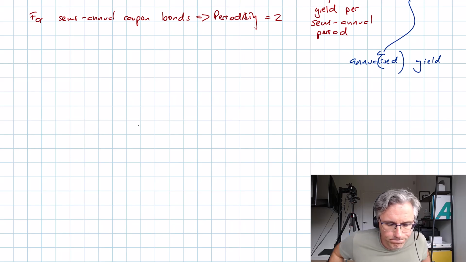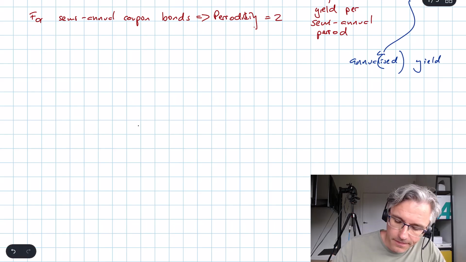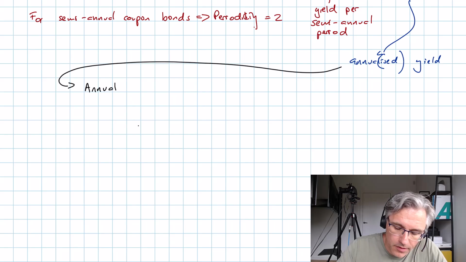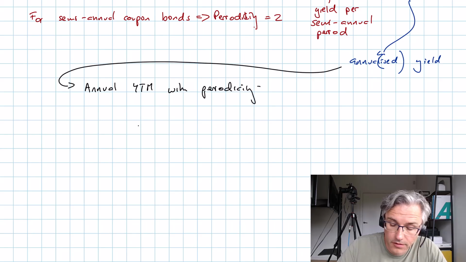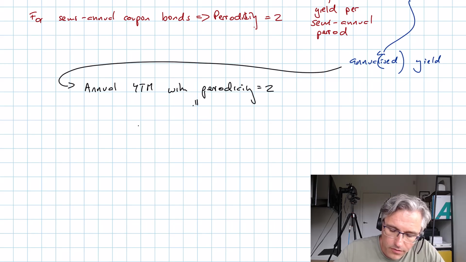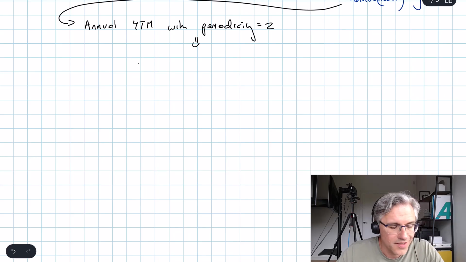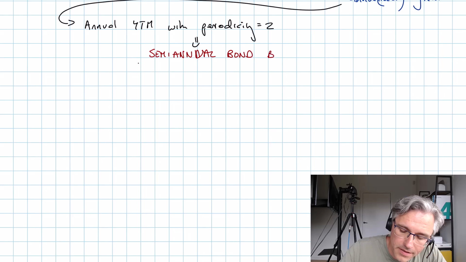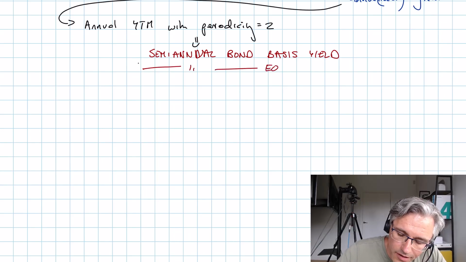And when computing, like we did over here, an annual yield or annualized YTM with an assumed periodicity equal to 2, which is what we had as a result of this bond being a semi-annual coupon bond, you get a result which is known as the semi-annual bond basis yield, annual bond basis yield, or the semi-annual bond equivalent yield.